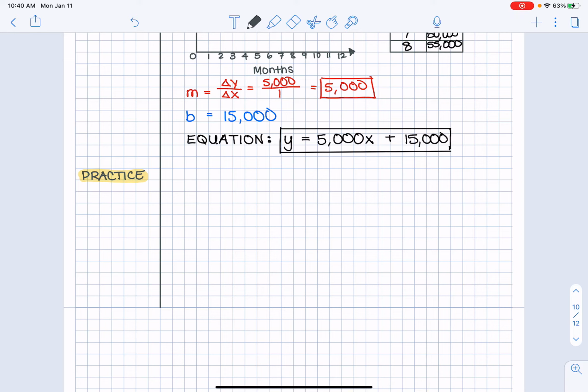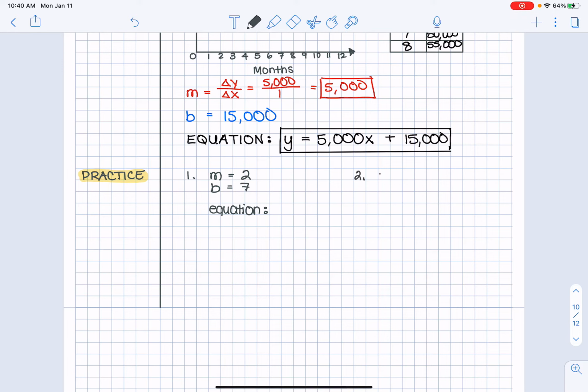So for problem number 1, if the m is 2 and b is 7, I want you guys to write what the equation would be down there. Okay, and same thing, we'll do another problem.